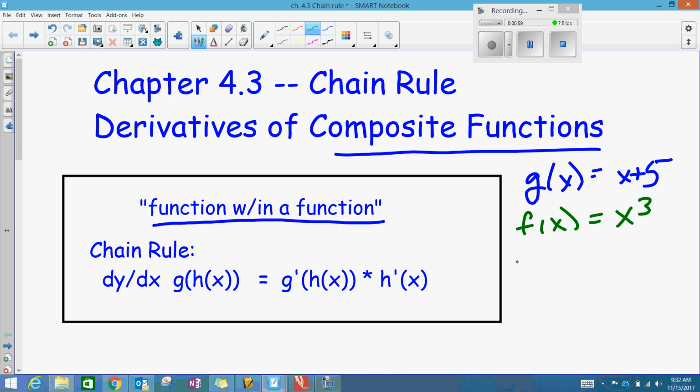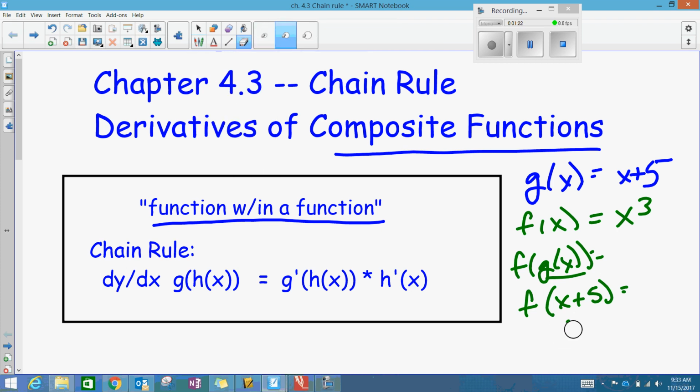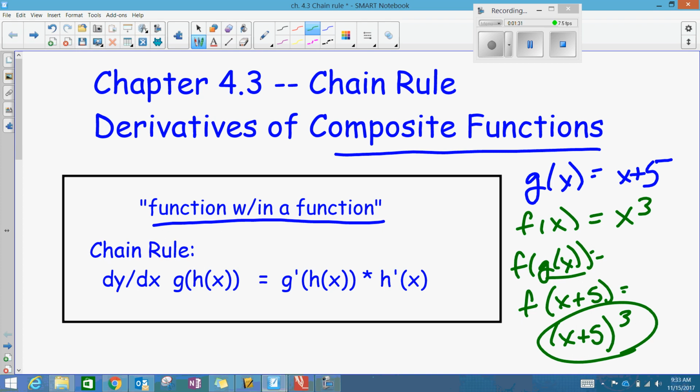So if we want to find f of g of x, then we would go up to f of x, and anywhere we see an x, we're going to put in g of x, right? So we think of it as f of x plus 5, and the final answer for this composite would be x plus 5 cubed. Right, so that would be f of g of x.